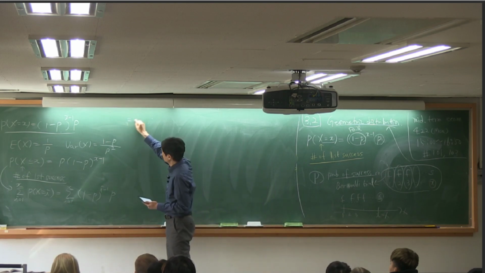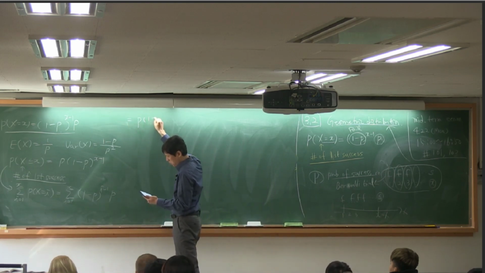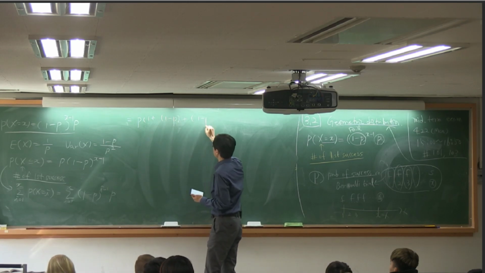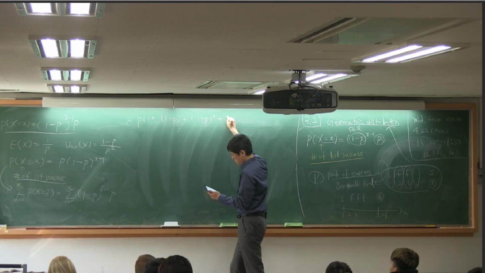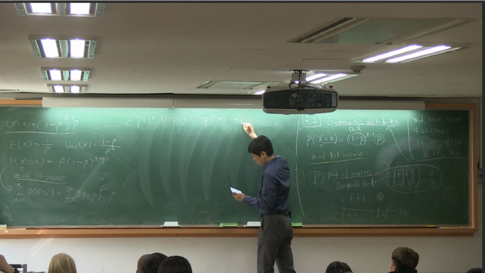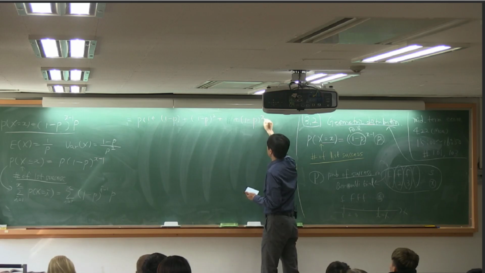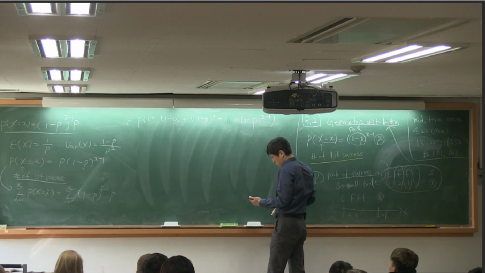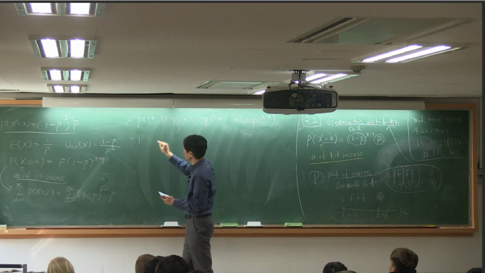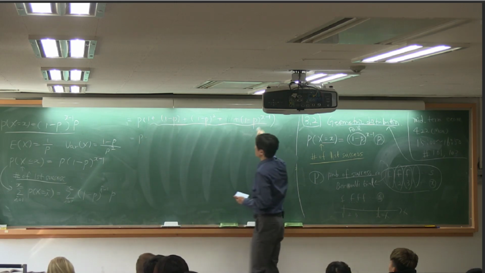Then this is p times 1 plus 1 minus p plus 1 minus p squared plus, and so on, up to 1 minus p to the x minus 1.